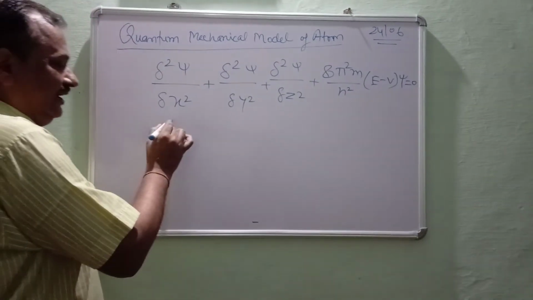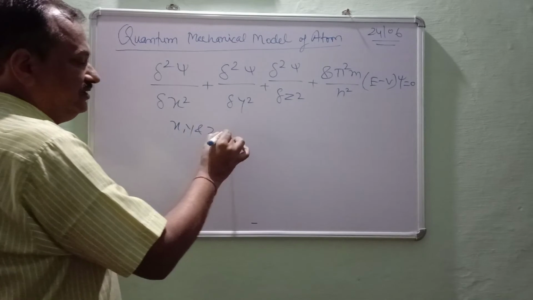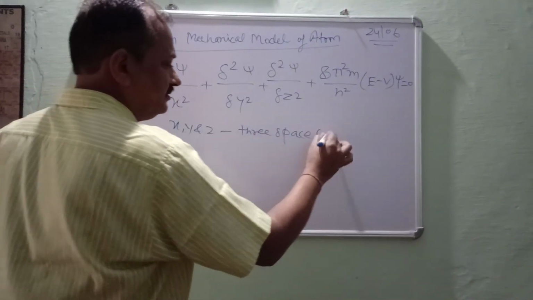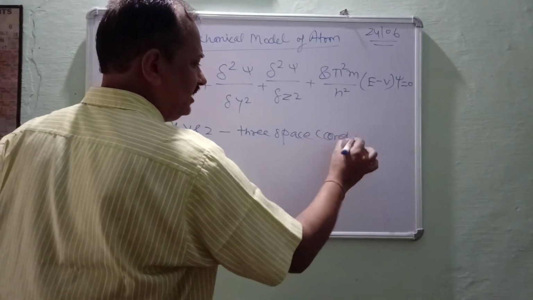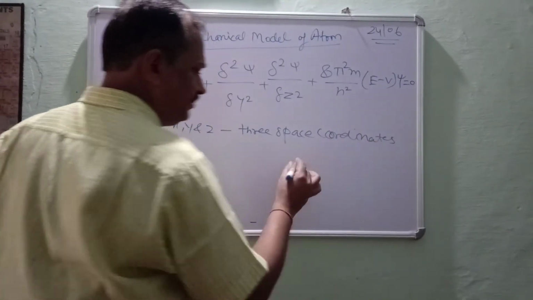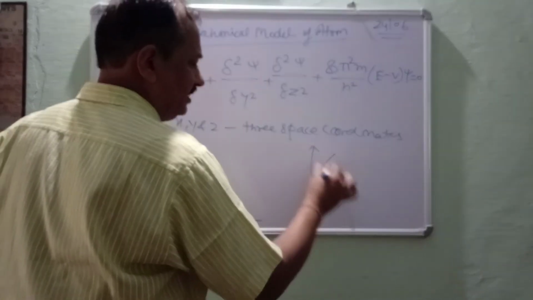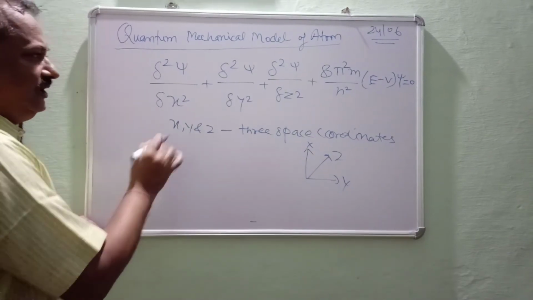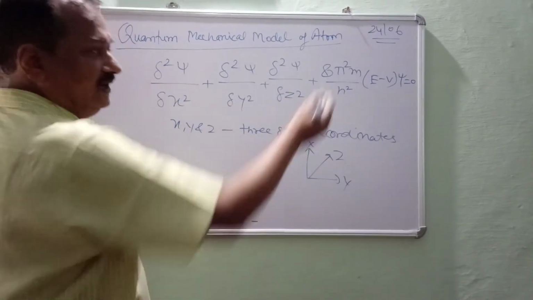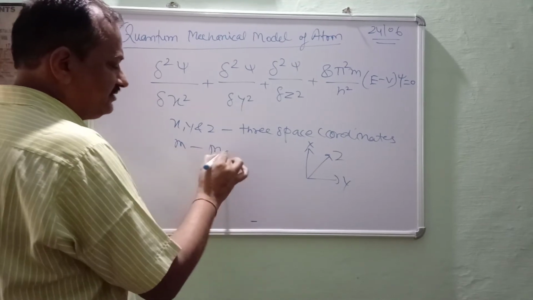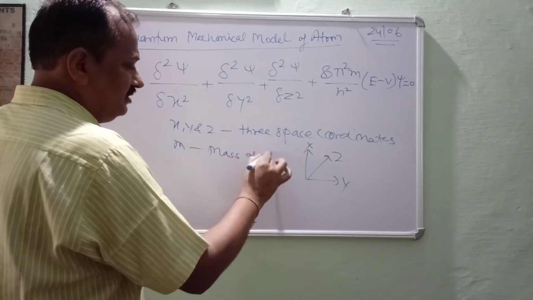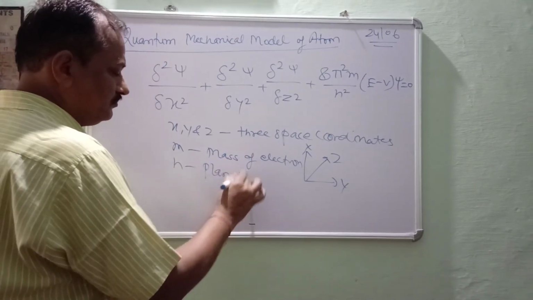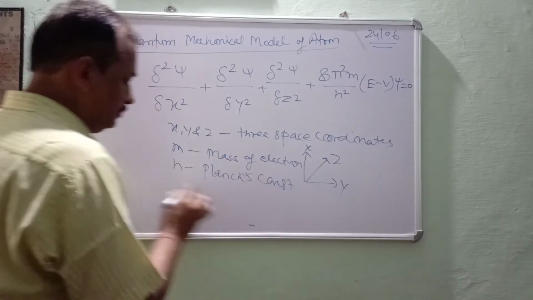Now x, y and z are the three space coordinates, like simple x, y and z. Then pi, and m is the mass of the electron, h is Planck's constant.